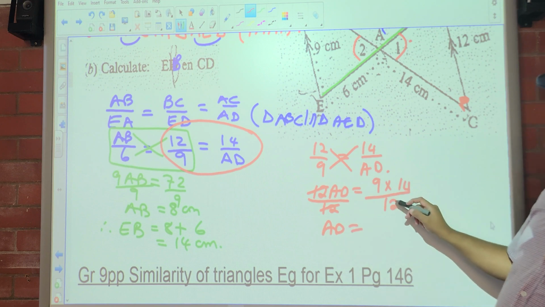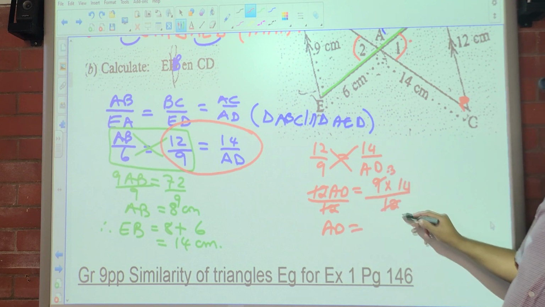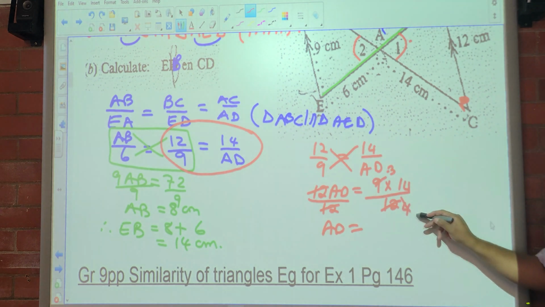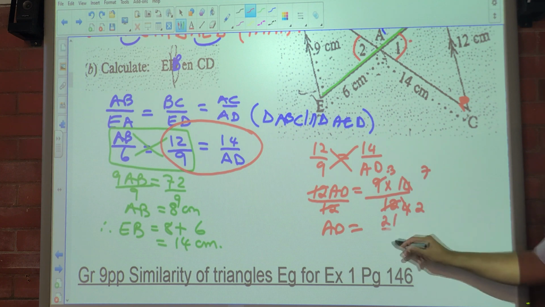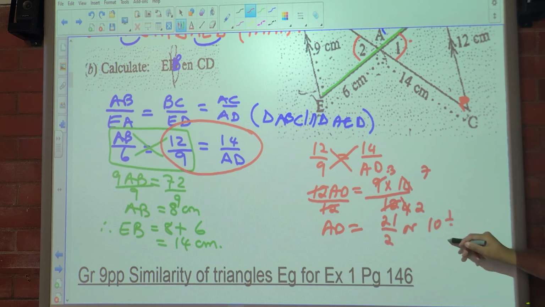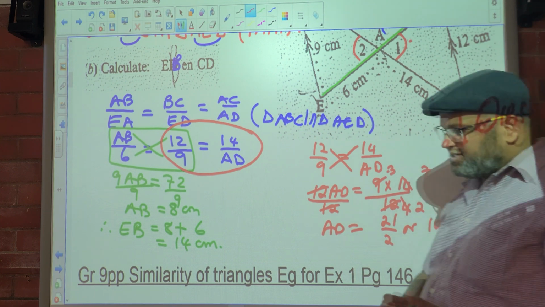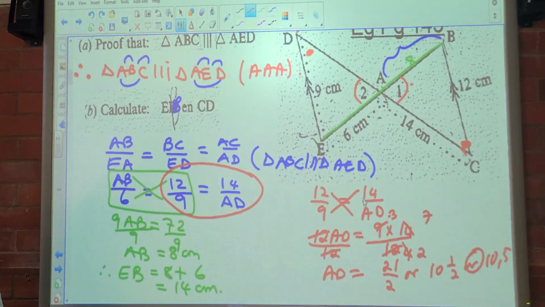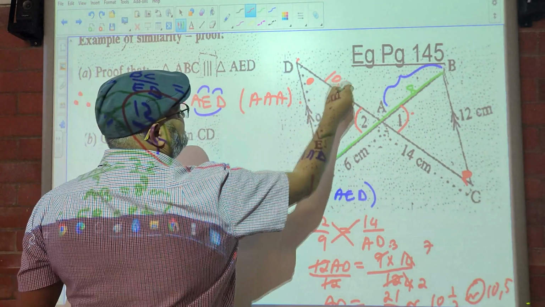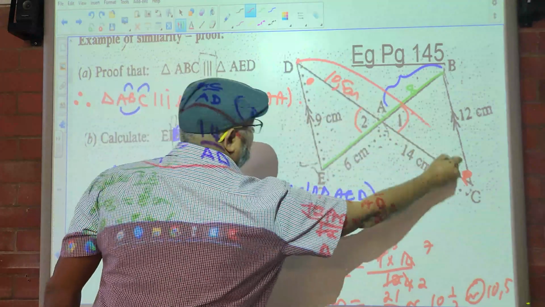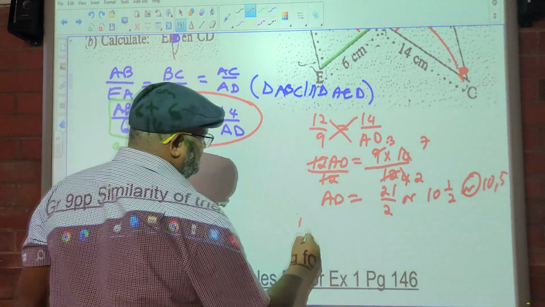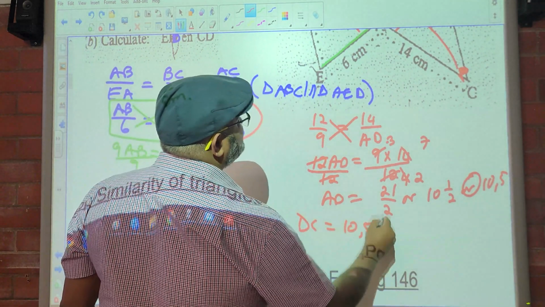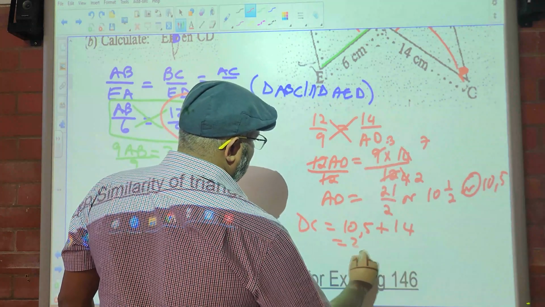So AD is equal to, 3 goes into 9 thrice, 3 goes into 12 4 times, 2 goes into 4 twice, 2 goes into 14 7 times. 3 times 7 is 21 over 2, or 10 and a half, or 10.5. So the whole length of DC is going to be 10.5 plus 14, which is 24.5.